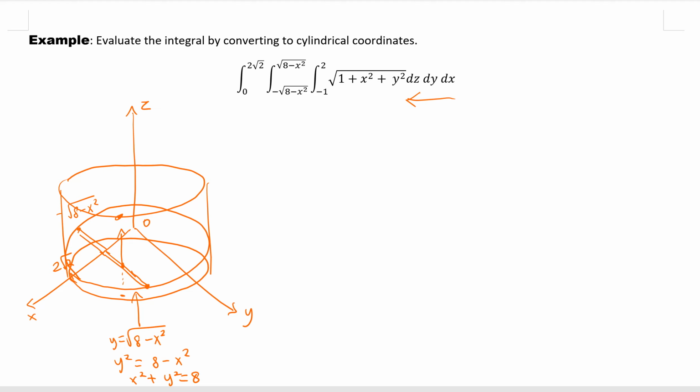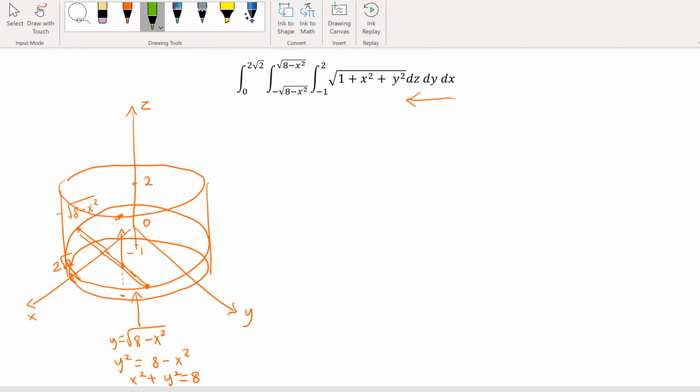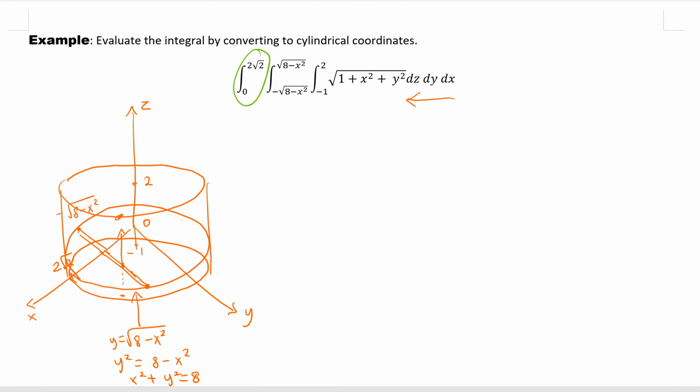Okay, now let's see here. This is this whole cylinder, and z goes from -1 to here, 2. And actually this is only the half cylinder because my x is from 0.